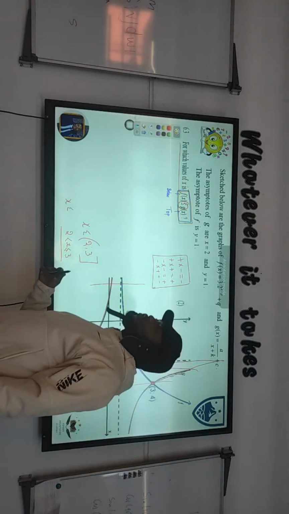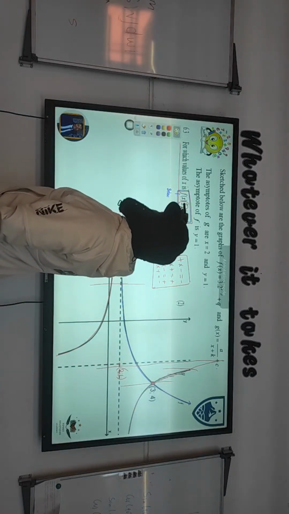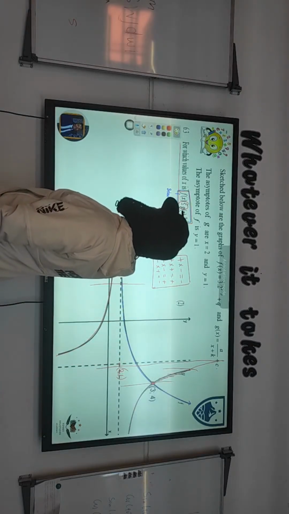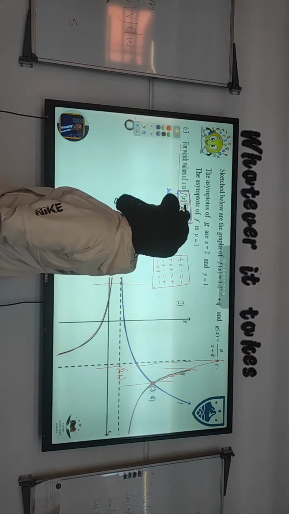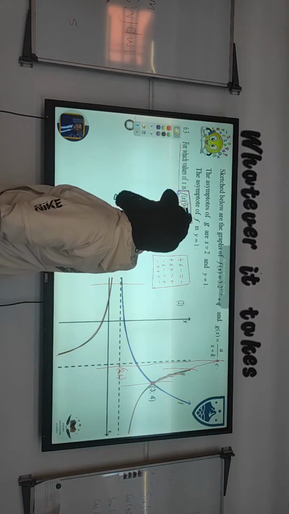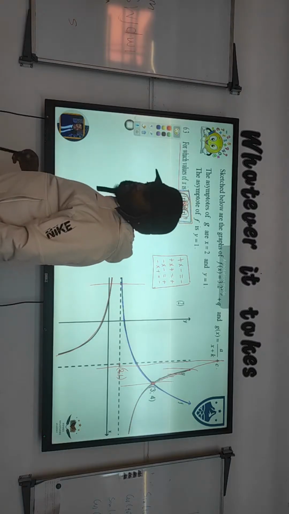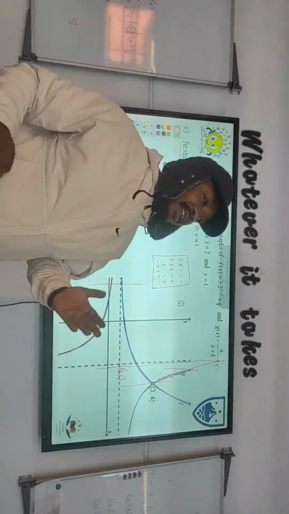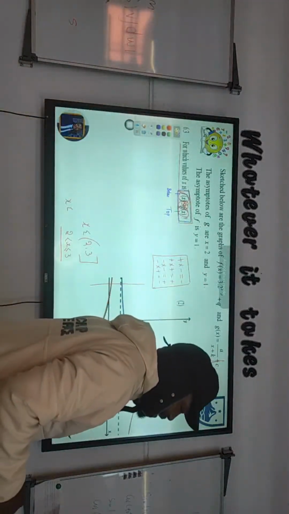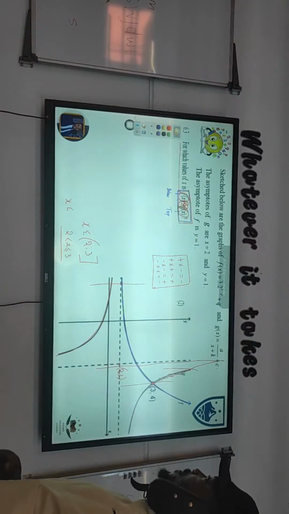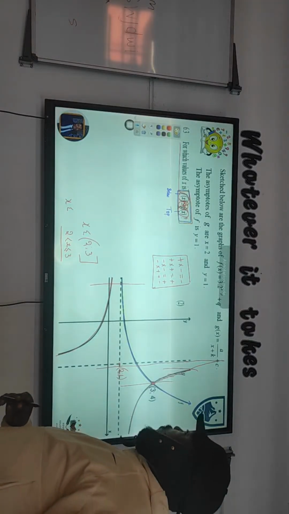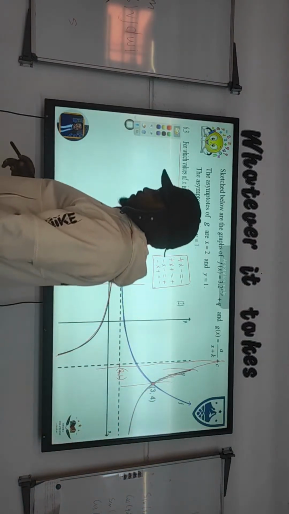So as soon as you see f of x less than g of x, you know that the one where the mouth is big must be on top. The one where the mouth is smaller must be at the bottom. You look for that in a diagram, and then you answer the question without any further waste of energy.